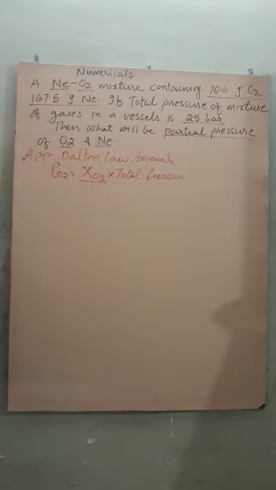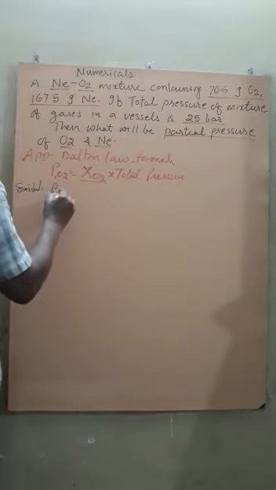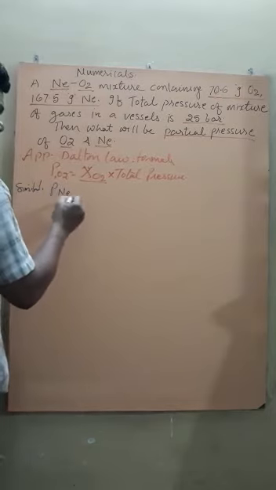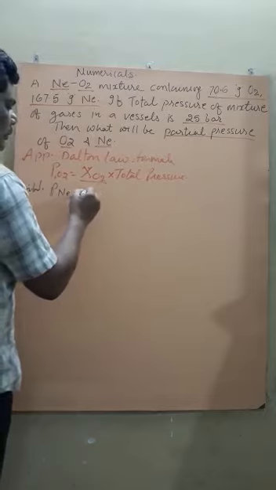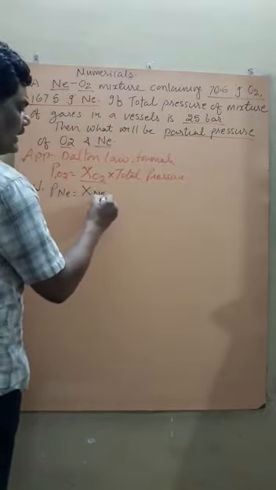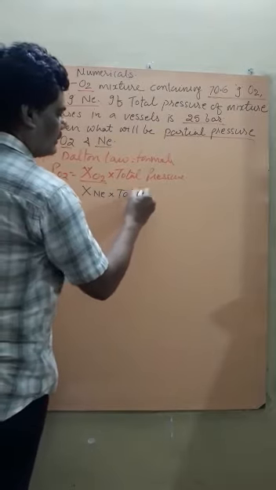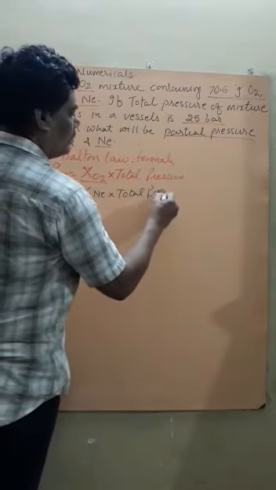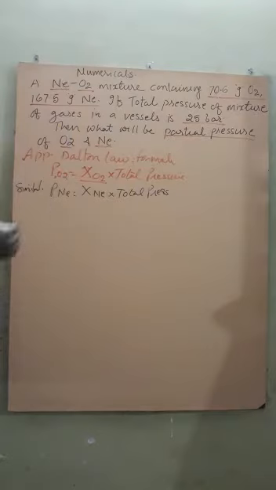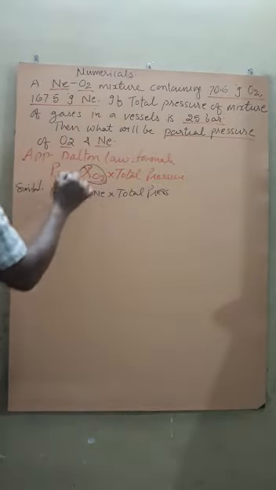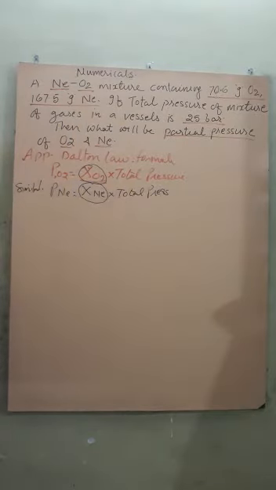That means we have to find XO2. Similarly, we can find the partial pressure of neon, which is equal to the mole fraction of neon multiplied by the total pressure. Getting? So first we have to find XO2, then we have to find XNe.